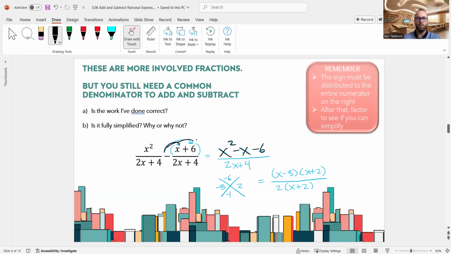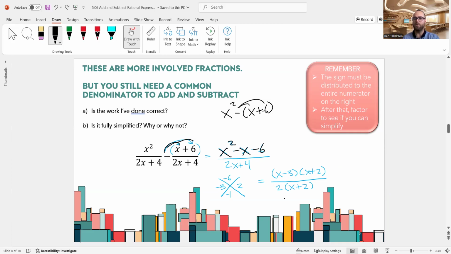Or you could have written this all over the same numerator like this: x squared minus x plus 6, and then you would still be distributing that. Either way, you're going to get this. Now we have a numerator that's not factored. The denominator is, the numerator is not, so we're going to try the x method, and fortunately it works.